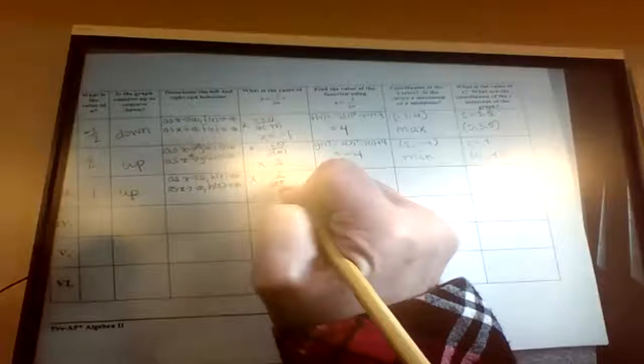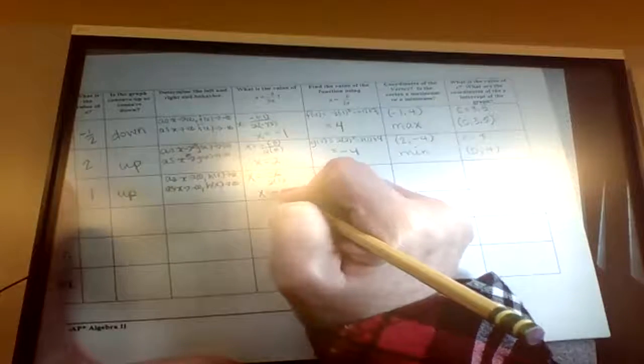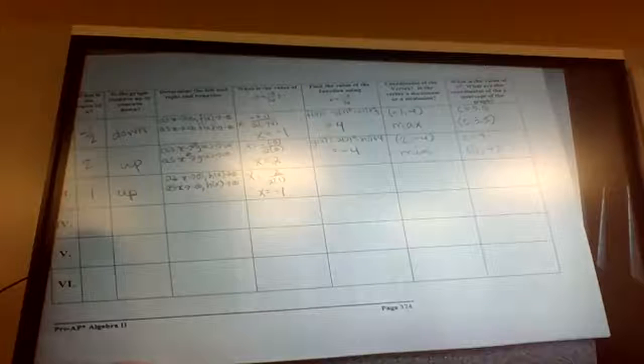X equals negative b over 2 times a. What does x equal? 1. Oh, negative 1? Isn't it negative 1? It's negative 1.